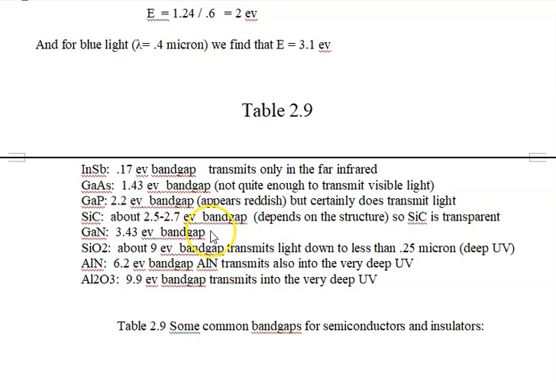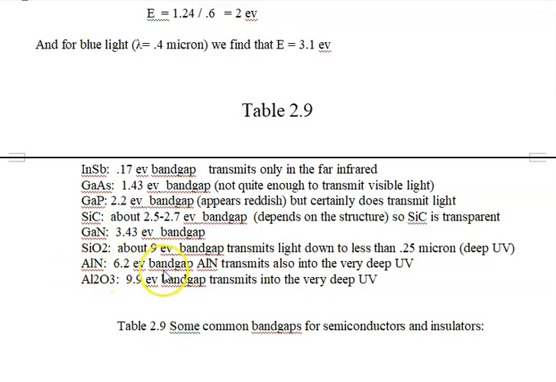That is definitely transparent. Silicon dioxide glass has a band gap, believe it or not, even though we classify it as an insulator. You can think about silicon dioxide glass as being a semiconductor with an extremely big band gap, and that is transparent for almost everything, over an extremely large range of wavelengths.